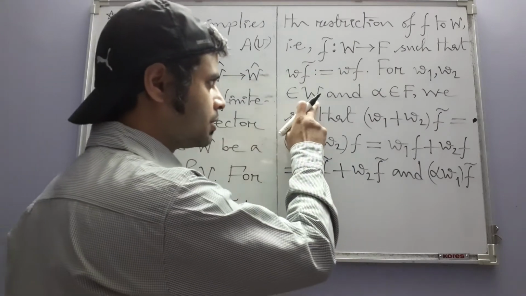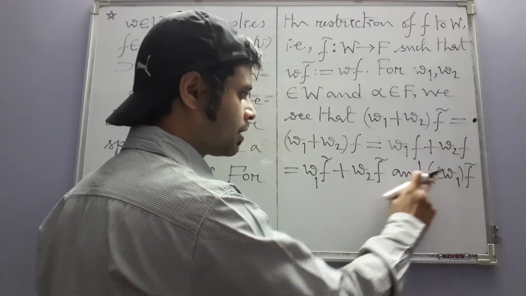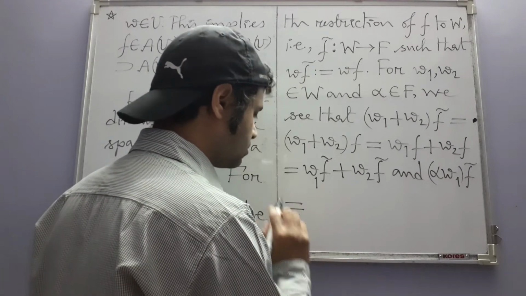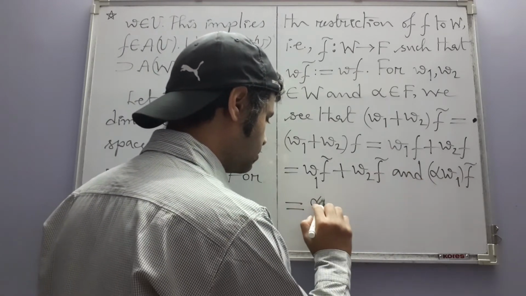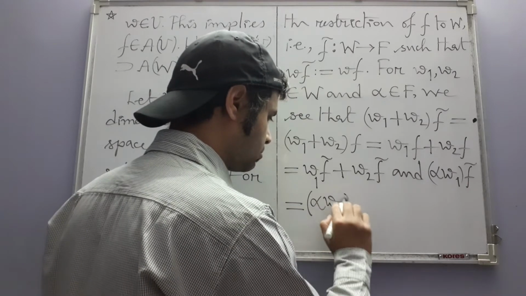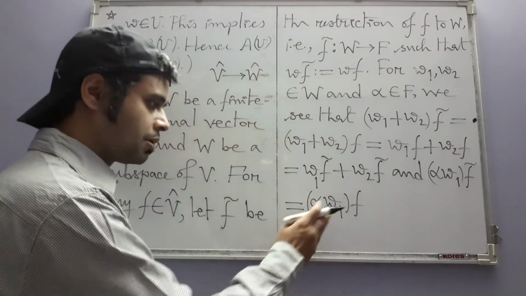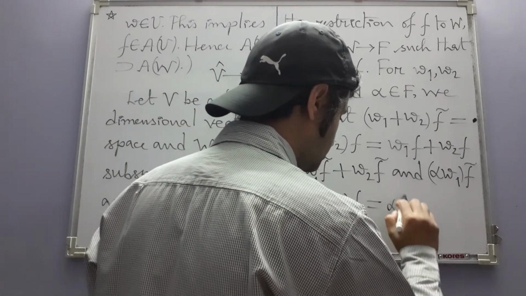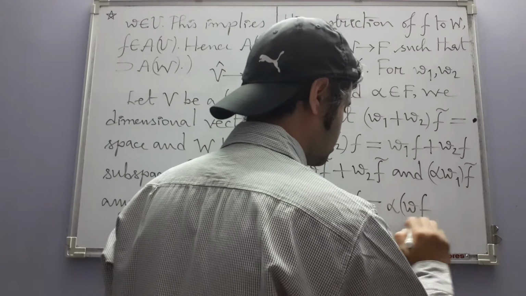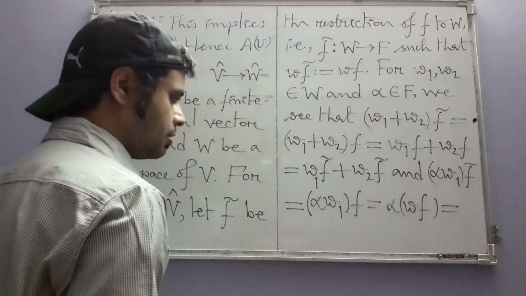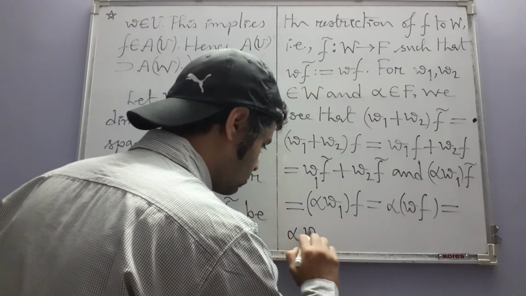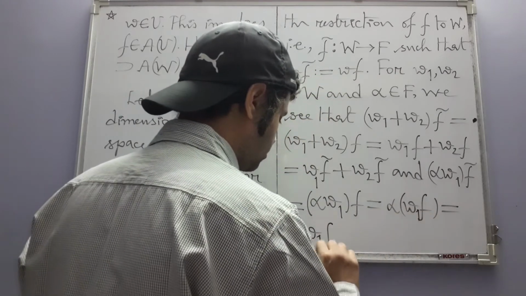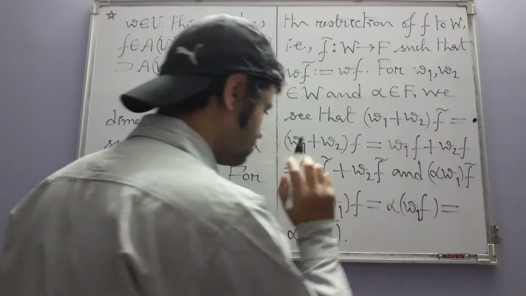Again, because W is a subspace, alpha w1 itself is a vector in W. So this is equal to (alpha w1) f, but because f is again a linear transformation, you can write this as alpha (w1 f), and that equals alpha (w1 f tilde).